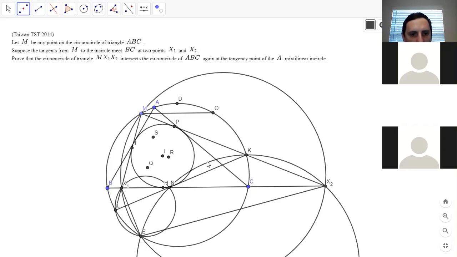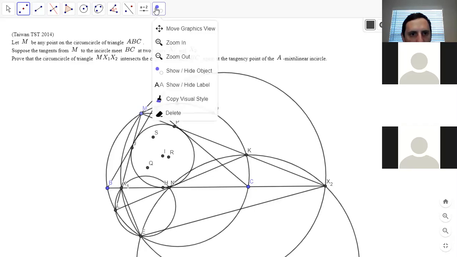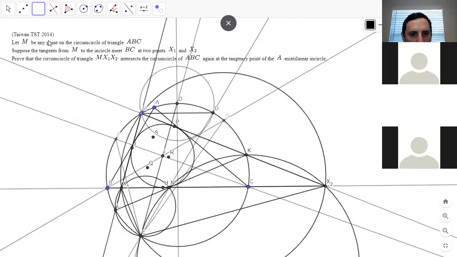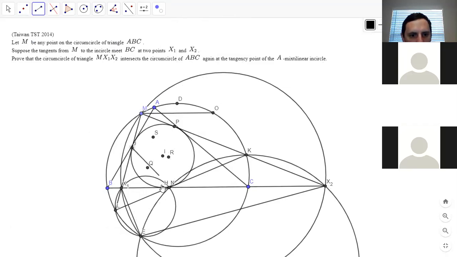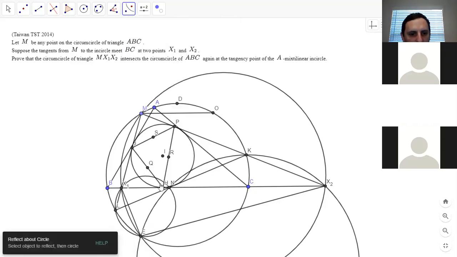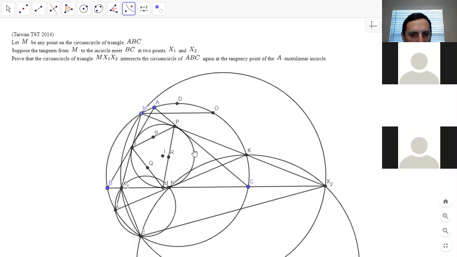So we have QRS, and I could draw those segments then. If I reflect E over that circle, and I get E prime, I want to show QRS E prime is cyclic.